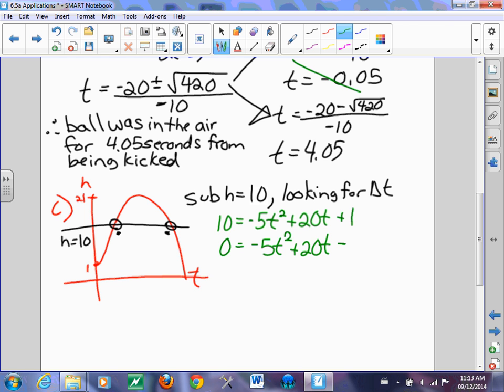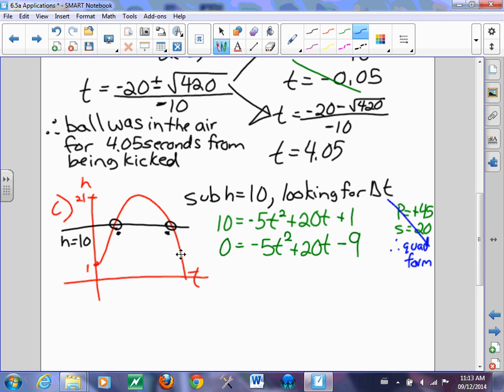Collecting like terms, it's going to be negative 5t squared plus 20t minus 9 equals 0. You can quickly do a product sum here: product equals a times c, which is positive 45, and sum equals 20. There are not 2 factors that do that, so you can't factor. So we're going to go to the quadratic formula.